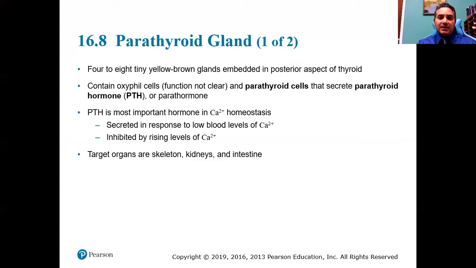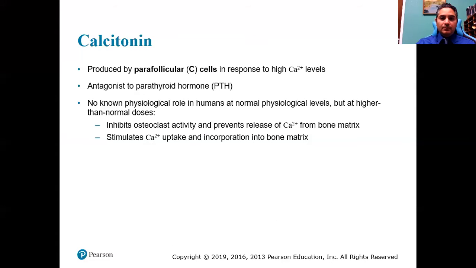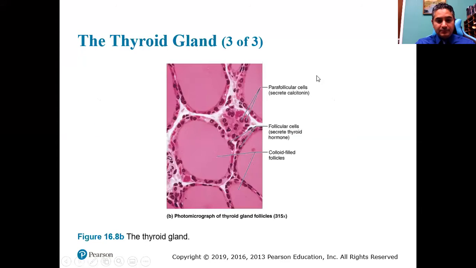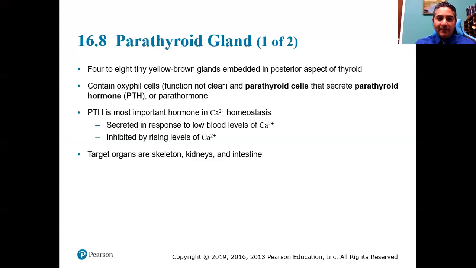That's when it kicks in. Calcitonin responds to high. They're working in opposites of one another. Now, target organs: remember the skeleton. It is an organ. Skeleton, kidneys, and intestines.